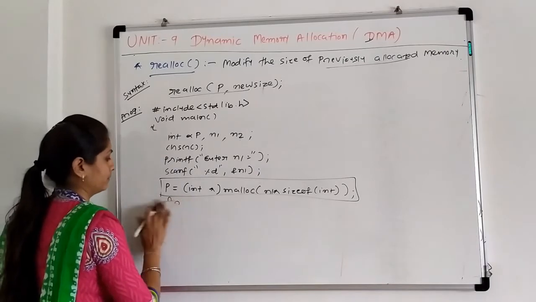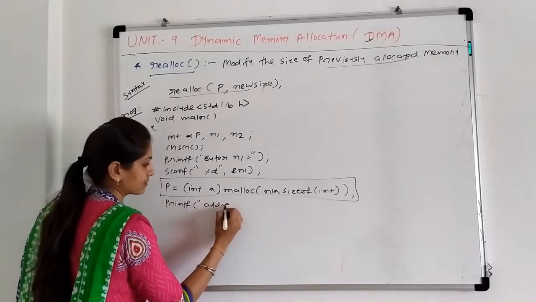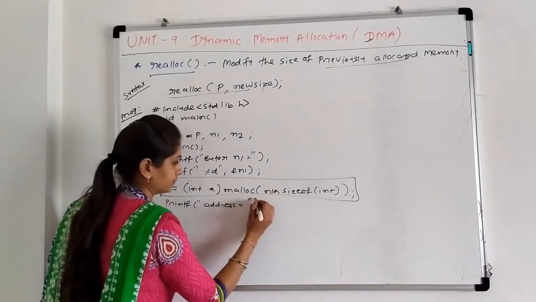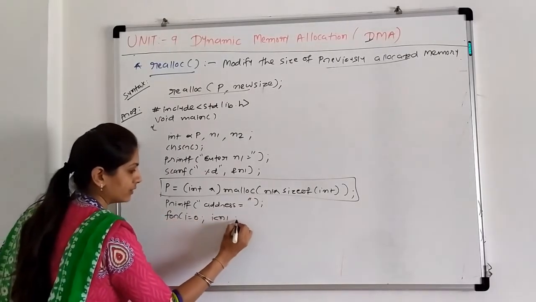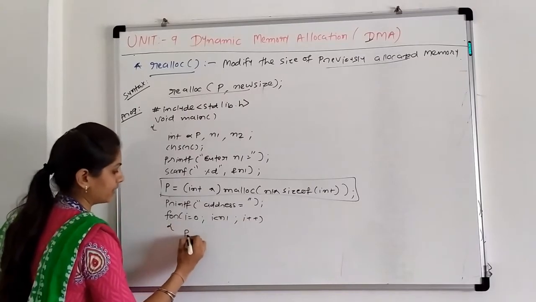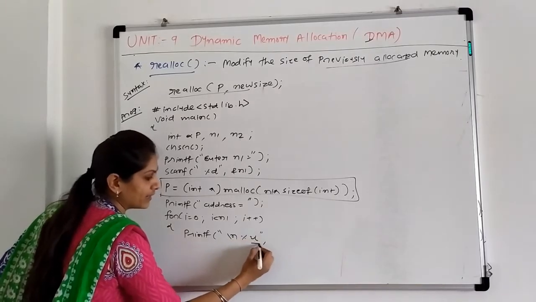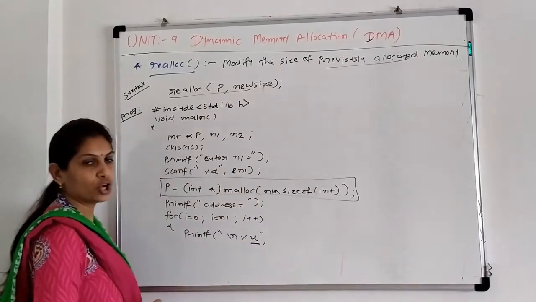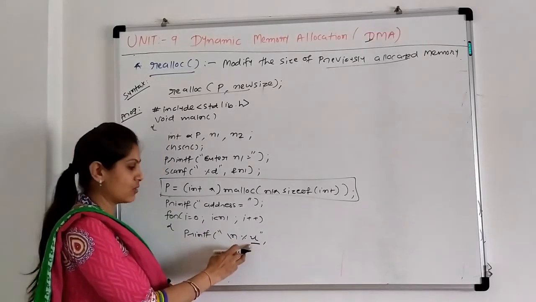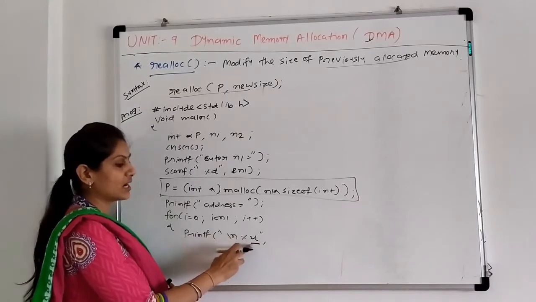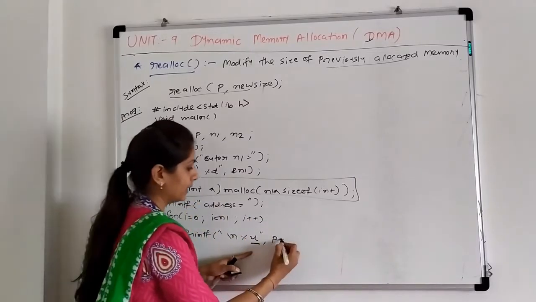Then a for loop, now we have to print the address. So printf address, for loop i starts with 0, i less than n1, i plus plus, printf \n %u. To print the address you need %u, not %d. If you write %d, then it prints the integer value. Now you want the address to print, so you have to write %u, and which address? The pointer p plus i.